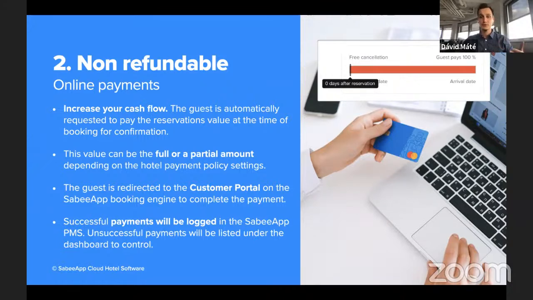On this portal, the guest can review booking information and payment details, and can process the payment on the spot through MyPOS. And this way, since it's a self-service method, the guest is authenticating the charge on the customer portal. Every successful payment is going to be logged inside the SabeeApp PMS. You don't even need to worry about keeping track of these payments.